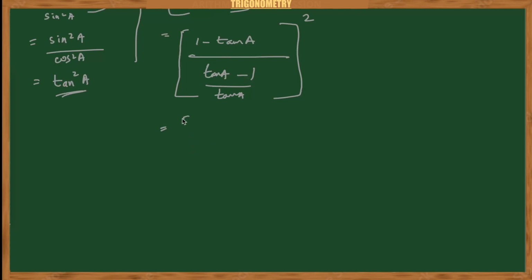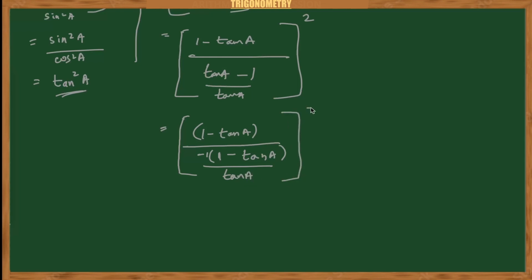So 1 minus tan A, divided by, let's bring the minus outside, minus (1 minus tan A), divided by tan A, whole square.